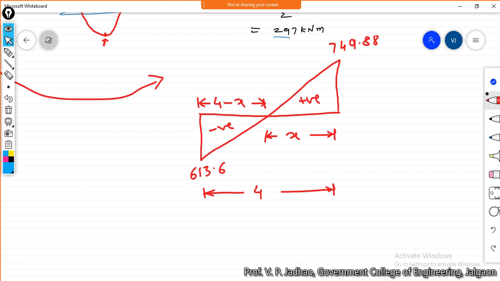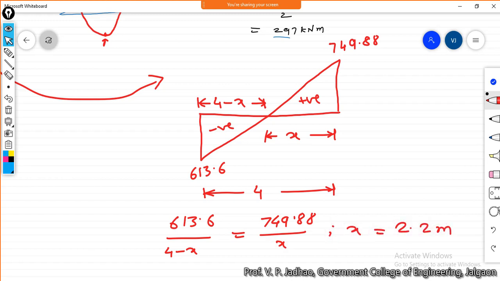By using similarity of triangles, we can say that 613.6 divided by 4 minus x will be equal to 749.88 divided by x. So we get the x value, x is equal to 2.22 meters.